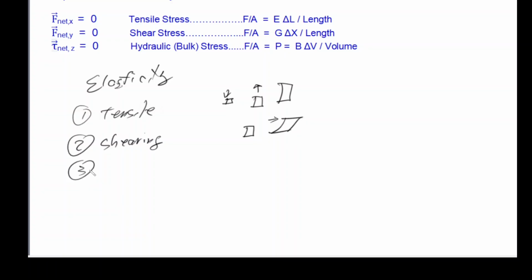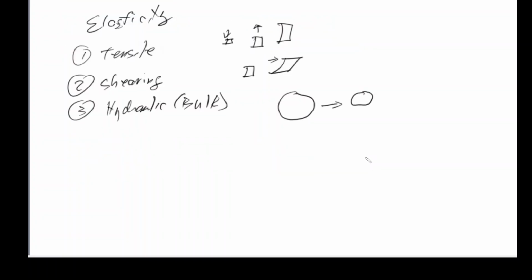And the third way is hydraulic or bulk stress, and that is where a body is compressed to a smaller volume. So you start with a body of that volume, and that ends up with that volume. I mentioned the term stress. Stress is the force that causes the deformity or the strain of the body.